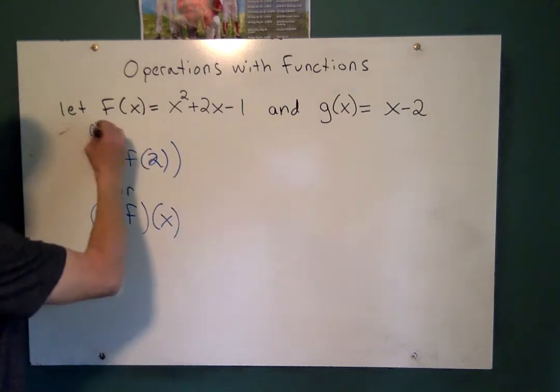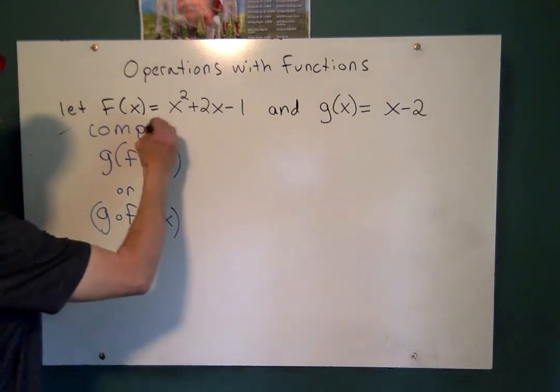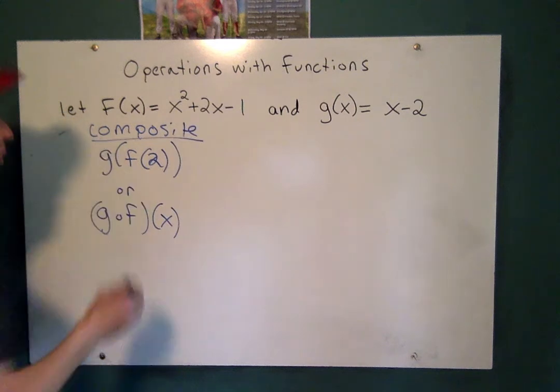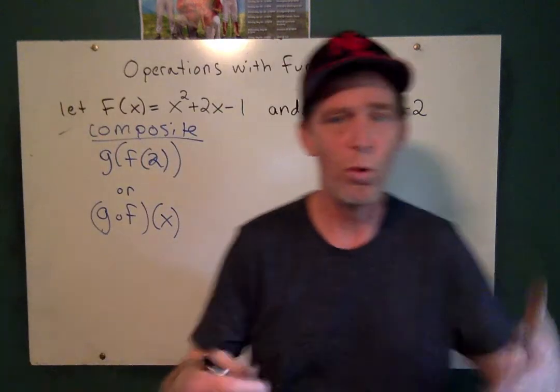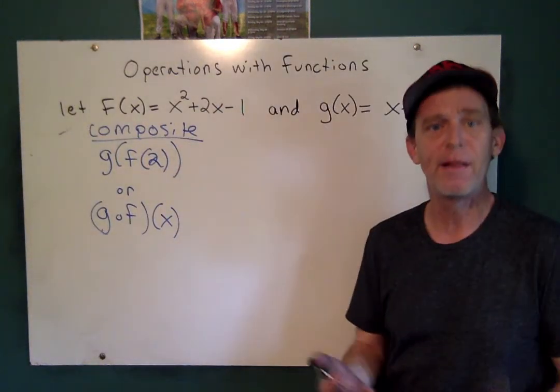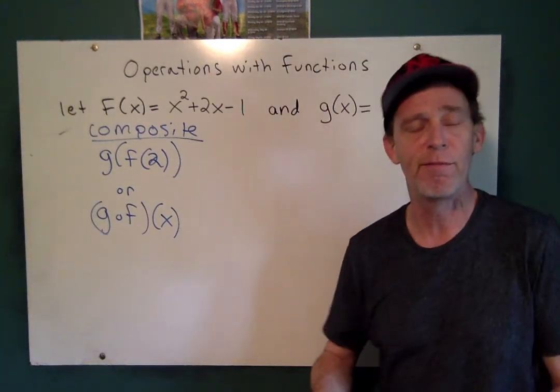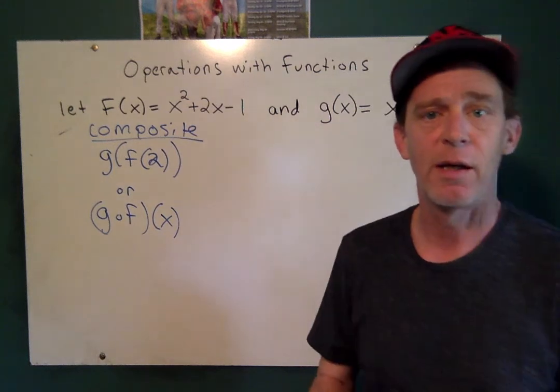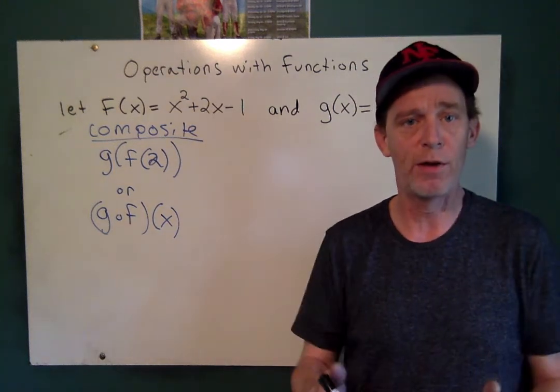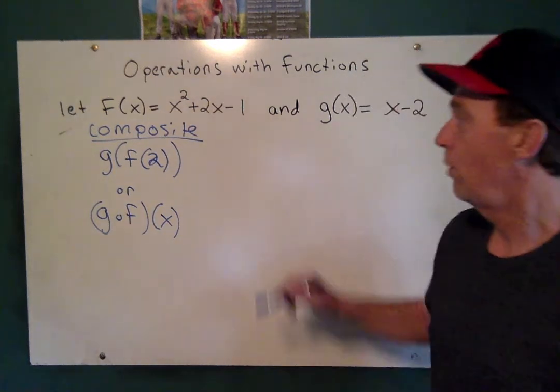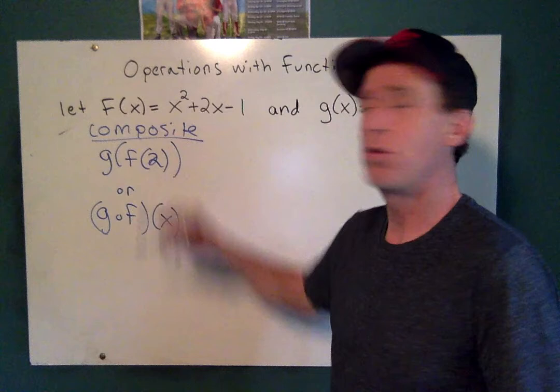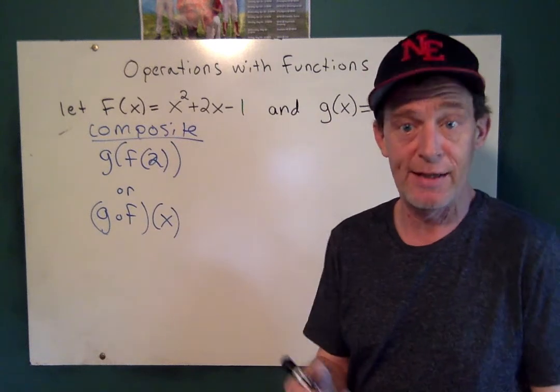This is called a composite. The word composite means there's more than one item, more than one thing that makes it up. Composite numbers have more than one set of factors. Composite means more parts, several parts together. So we call this a composite function. It's two functions put together.